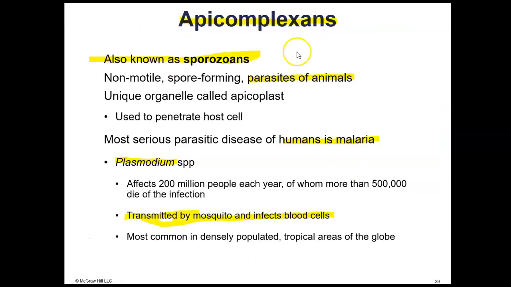Okay, now another group from the alveolates are called apicomplexans, and the most important one I want you to remember is the Plasmodium. Plasmodium is the protozoan that is responsible for malaria. It is transmitted by a mosquito.